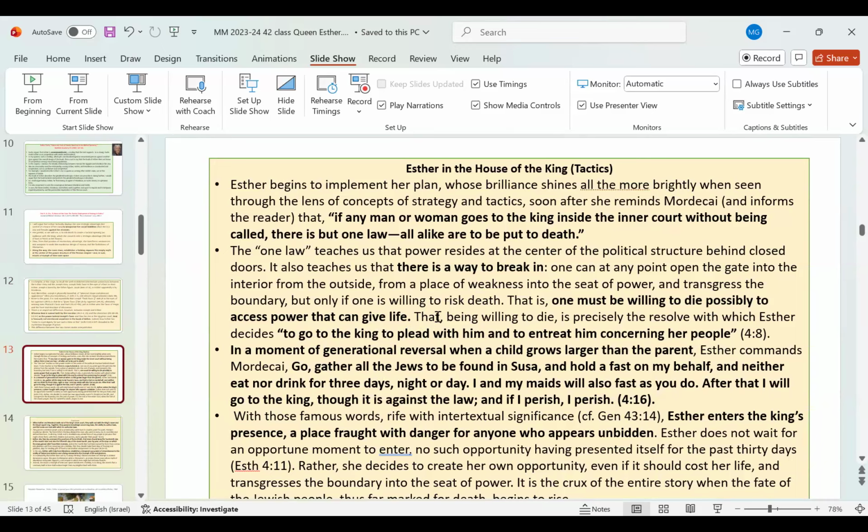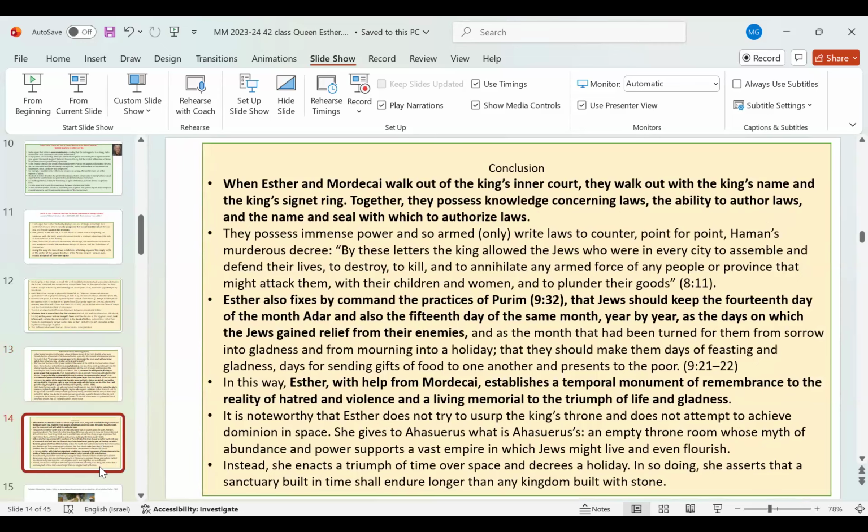She tells Mordecai that anyone who goes inside to the king without being invited will be put to death. And so he tells her, well, maybe that's why you were put here, to take the chance. And so she is willing to take the chance, and she succeeds, and they have a fast. So her bravery in doing what she does is really very interesting. And I think that's the end of that particular article.